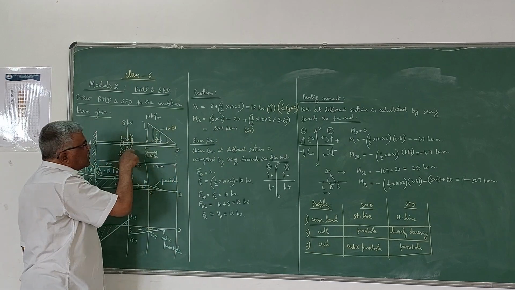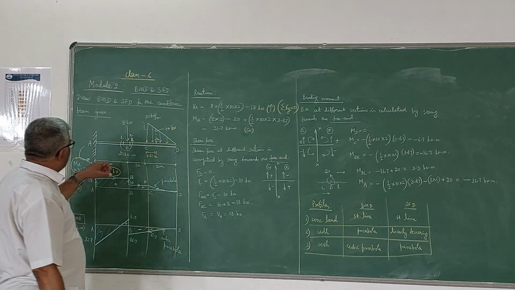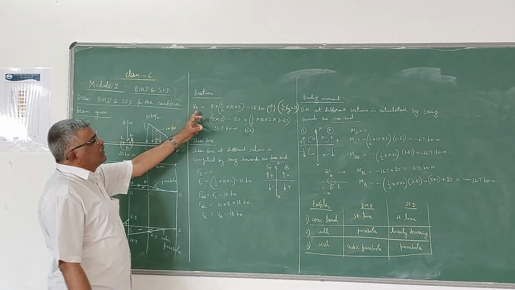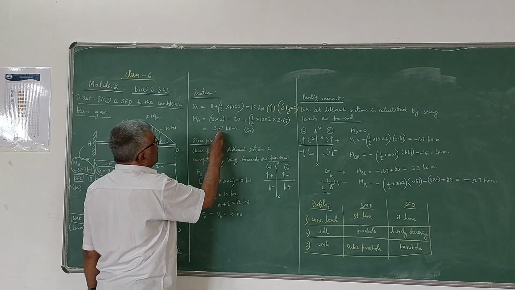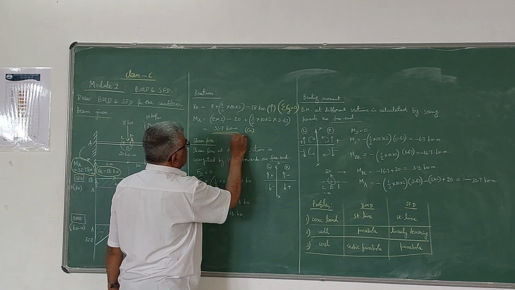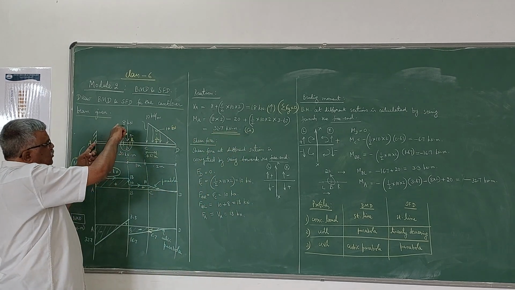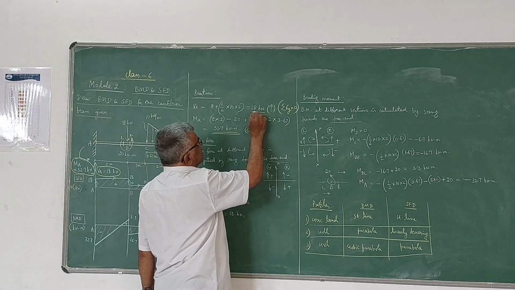Suppose if it is given clockwise, we have to take plus 20 here. So when you are calculating MA, at that time you have to consider this external moment, not during this calculation of VA. So if you simplify this, you are going to get 32.7 kN-m, which definitely acts in the anti-clockwise direction because it should be in the opposite direction of the moment due to the externally given forces. So now these two are the reactions.